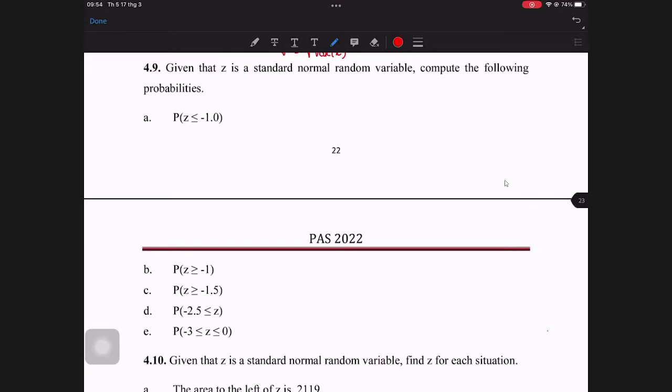For a discrete random variable, we have the probability distribution, and one special probability distribution for a discrete random variable is the binomial distribution. From exercise 9 onwards, what we are dealing with is the distribution for a continuous random variable. And one very special continuous random variable distribution is the normal distribution, which is this one here.